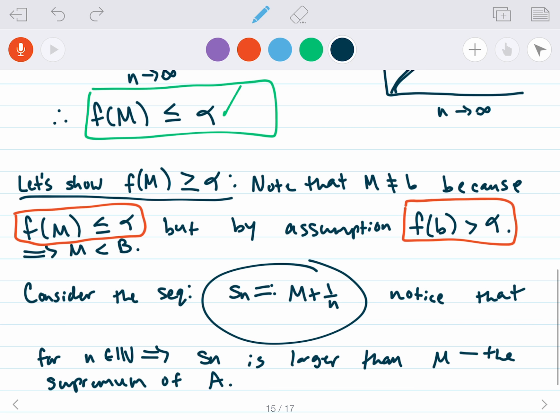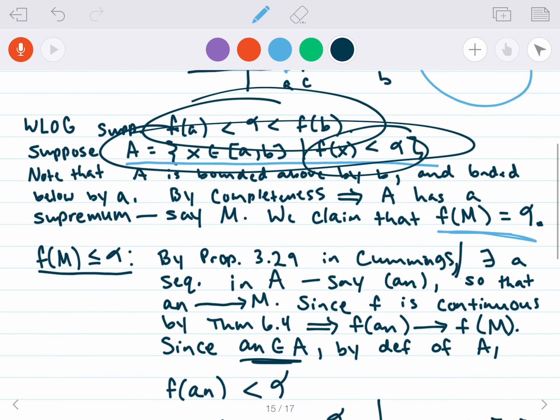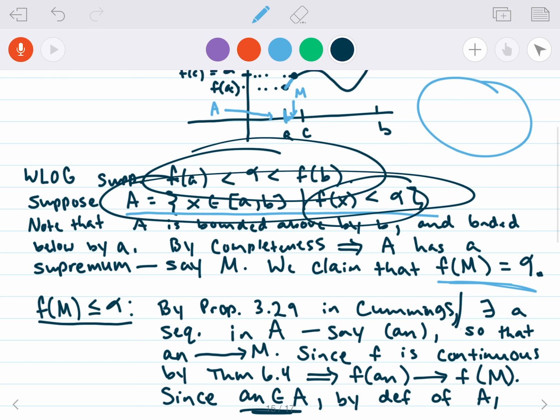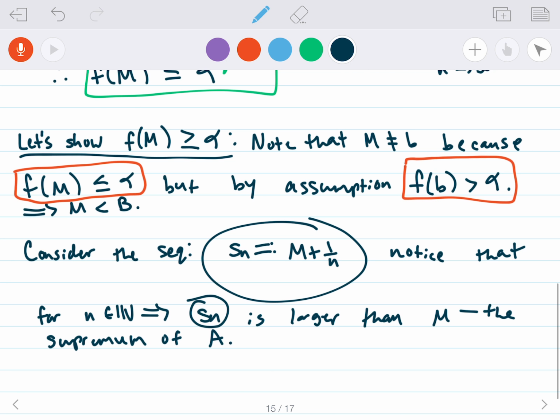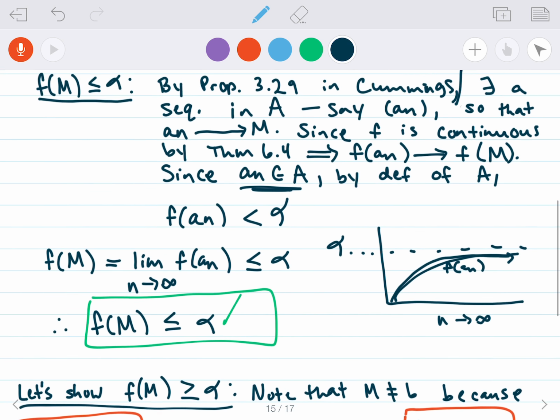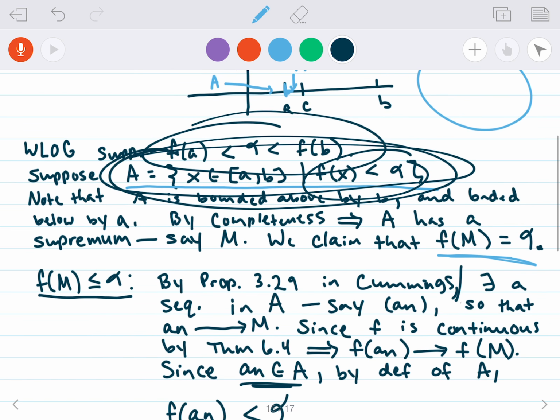So what does this mean? Well, it means that S sub n is not going to be in the set A, right? Because what was the set A? The set A was all x in the interval from A to B so that f of x was less than alpha. But here, m is the supremum, and so S sub n is always going to be outside of the set.